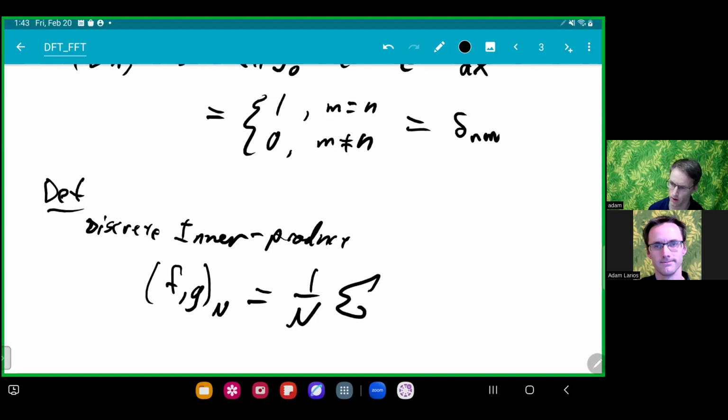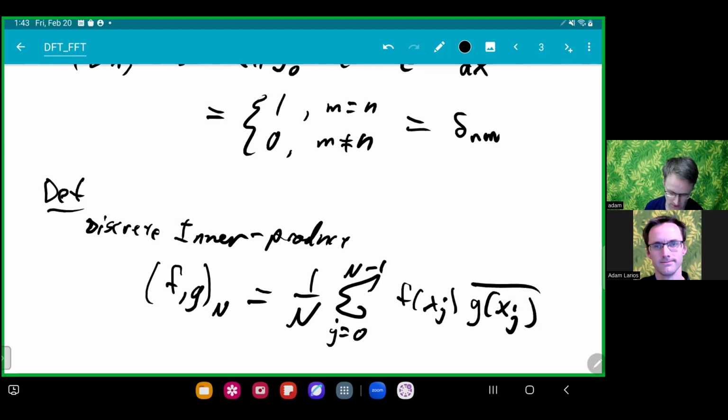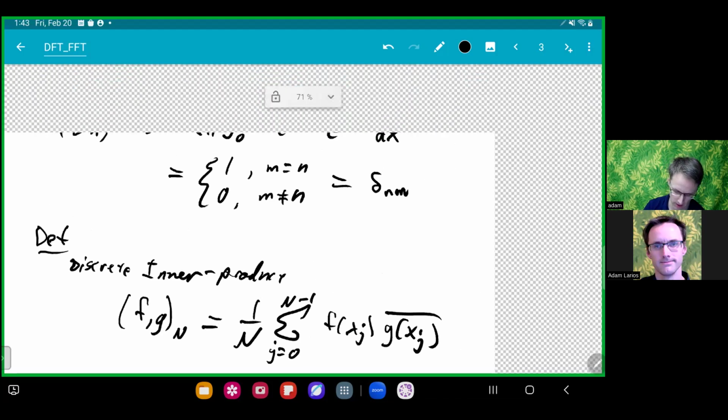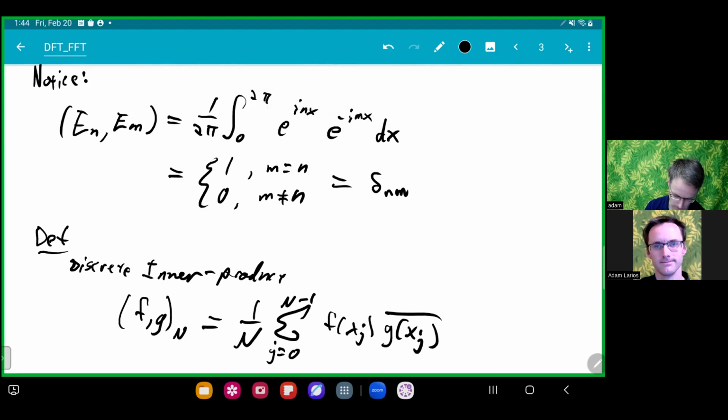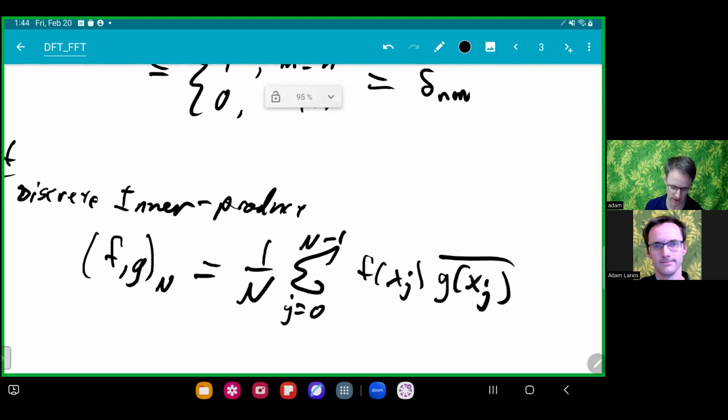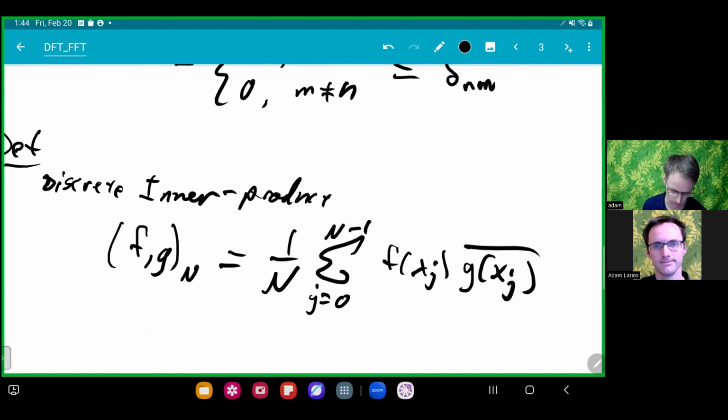Take this to be 1 over n times the summation, j goes from 0 up to n minus 1, of f of x sub j times g of x sub j, with a conjugate here. Notice that this is pretty analogous to the above inner product. In fact, you can see it as a Riemann sum approximation of that inner product. But for the current purposes, we'll just denote it like that.